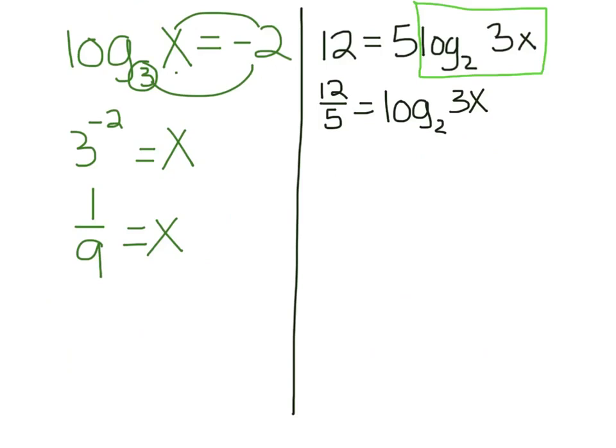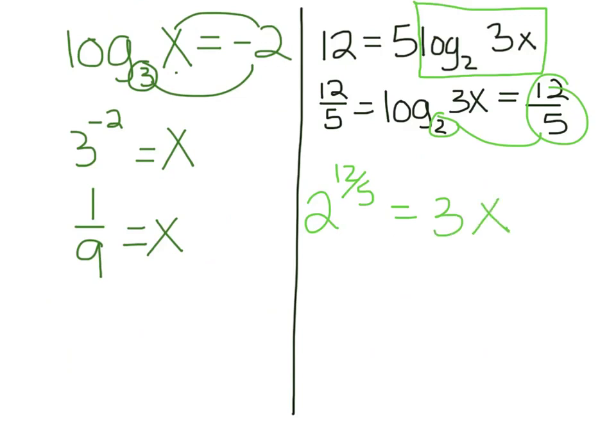So if it helps you to remember which way to rearrange things, just put your 12/5 on the other side so that you can take your 2 and raise it to the 12/5 power, equals 3x. So we'll take 2 to the 12/5 power in your calculator, and then divide it by 3, and you'll get x equals 1.759.